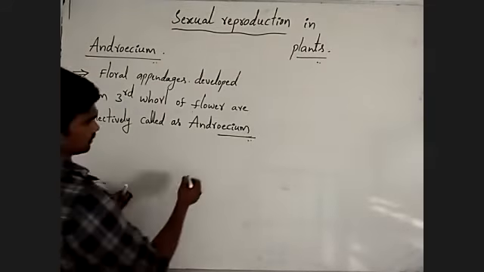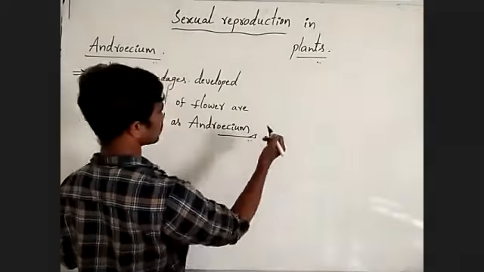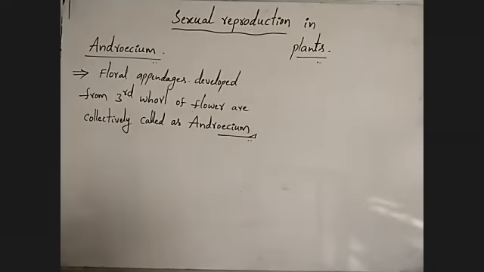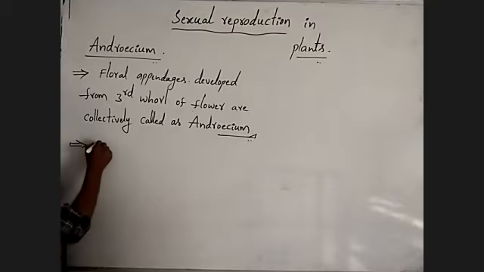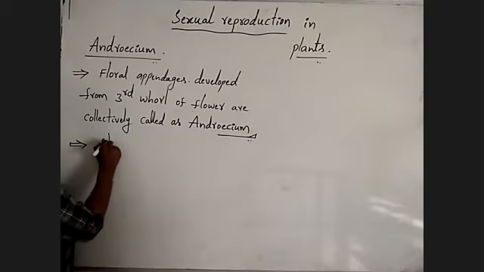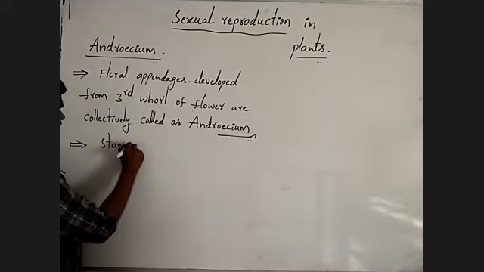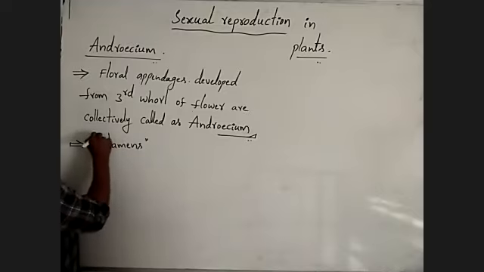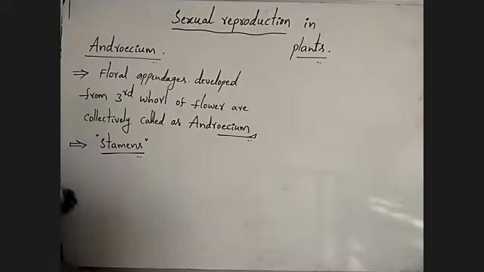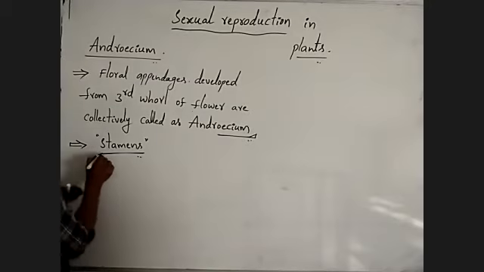This is an important one. Remember, androecium. Here, individual floral parts of the androecium are called stamen. Very important structures these are. What? Stamen.